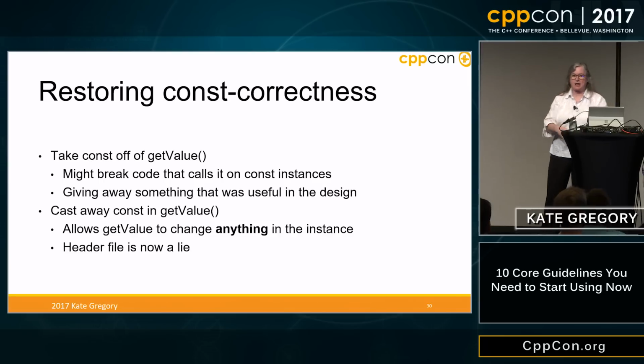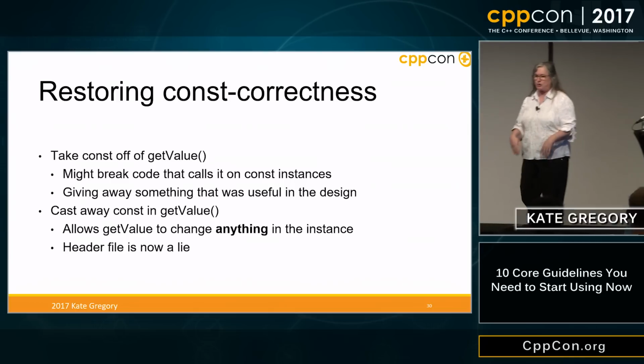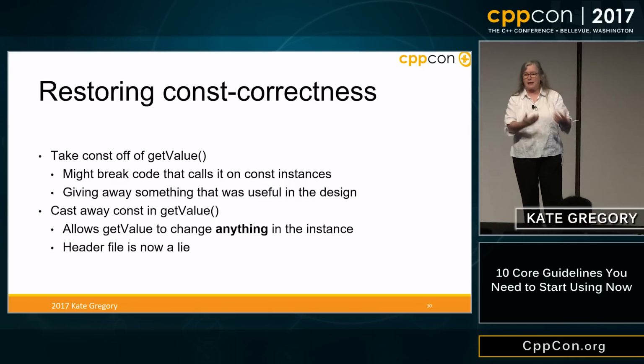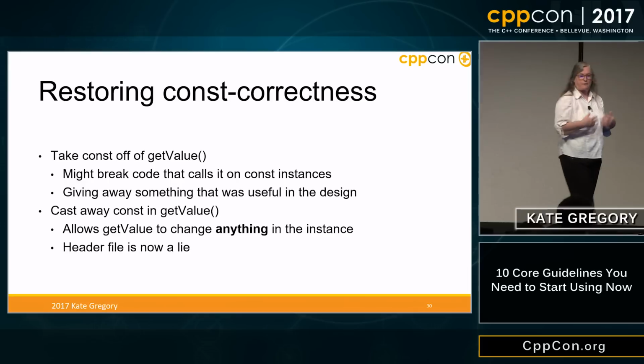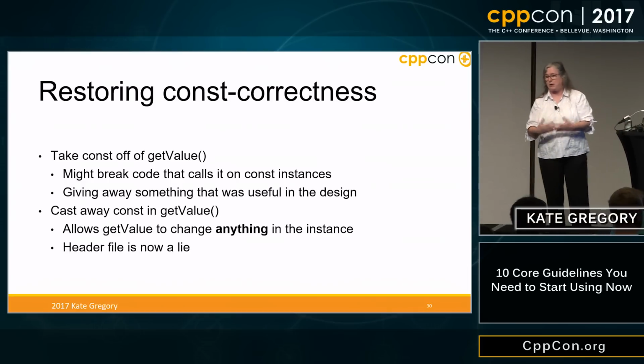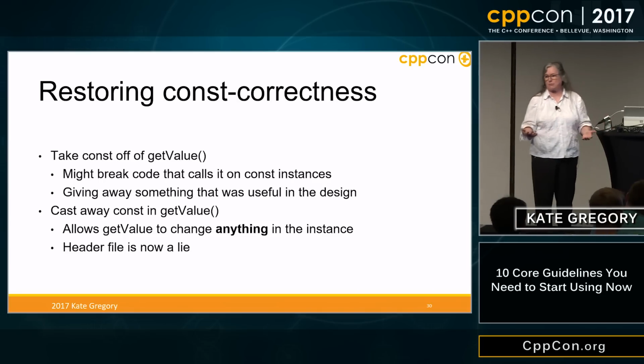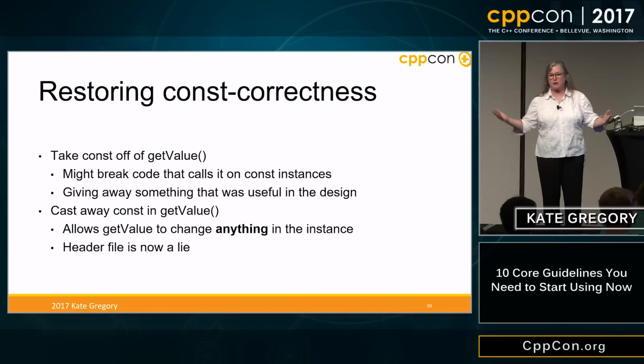Problem with this, it's ugly as all get out. You have to write all kinds of extra stuff, you have to have indirections. It's hard to read, hard to write. Your header file is now lying. Your header file says, get value doesn't change any member variables of the class, but it does. And it actually has the power to change any of them, right? Like you could write number 1 equals 0 in the middle of get value and it would compile.